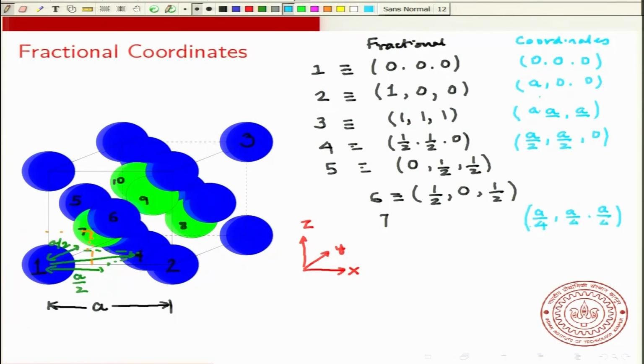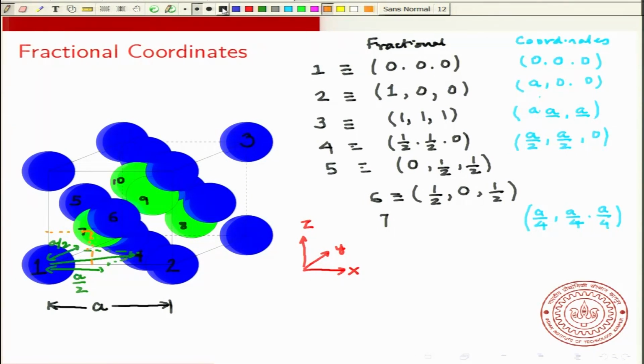So none of the coordinates are 0. Each of the coordinates is a quarter of the lattice parameter.